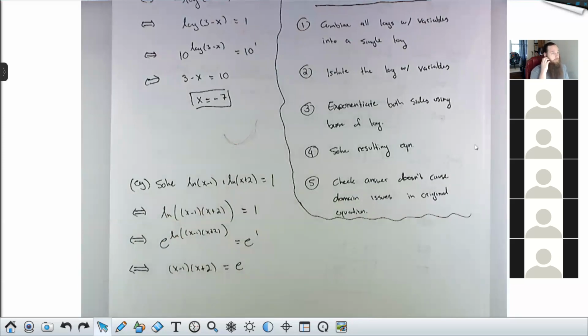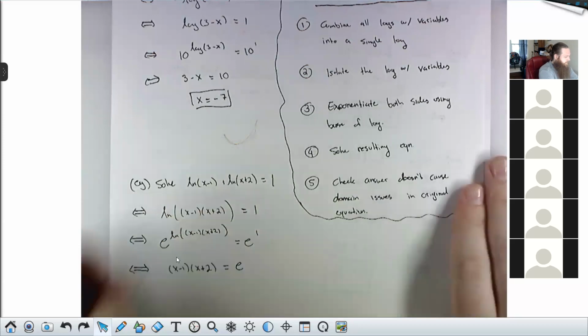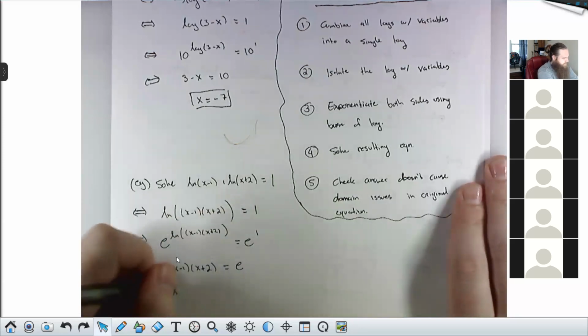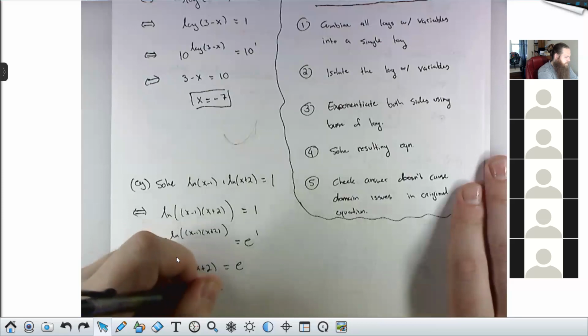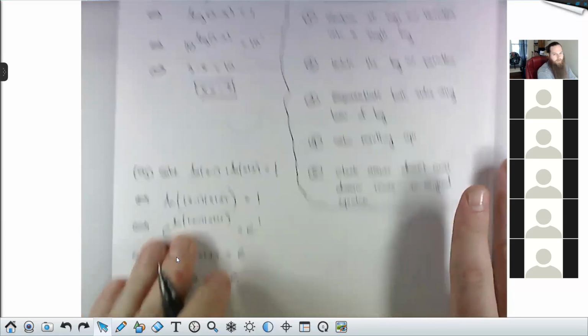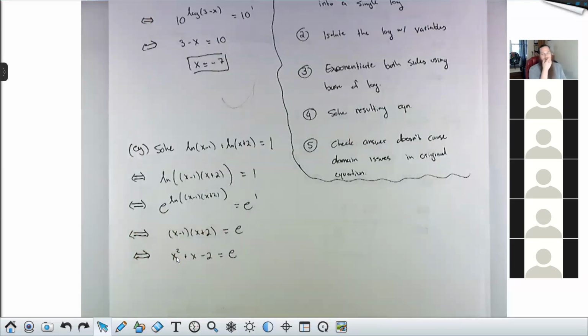And the result is a quadratic equation, but it's a fairly nasty quadratic equation. I grabbed this example out of the book, and I'm a little surprised by it. So now we need to solve this quadratic. This is x squared plus 2x minus x minus 2 equals e. Anybody recommend how you solve that equation?